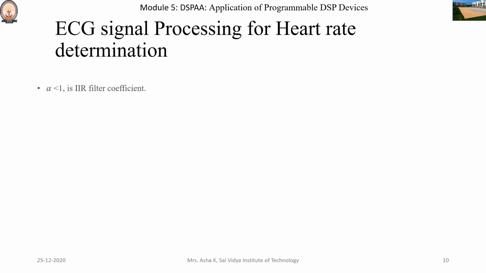Here alpha is less than 1. Alpha is called the IIR filter coefficient. This value is chosen based on the smoothing effect that should be used to discard the higher frequency components of the signal.